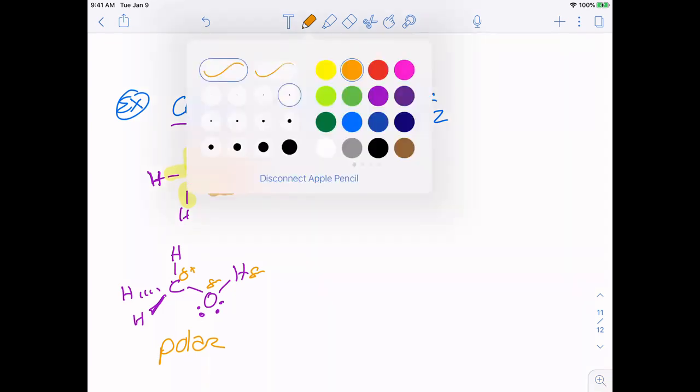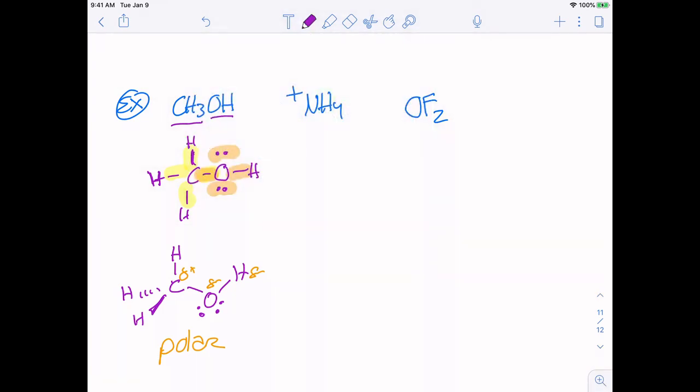NH4, if we draw that one out, go through your Lewis structure rules, we end up with nitrogen in the middle, 4 bonds to hydrogen, or you should say 4 bonds each to a different hydrogen, otherwise it sounds like hydrogen has 4 bonds. I end up with this tetrahedral structure. I do have a formal positive charge on nitrogen.